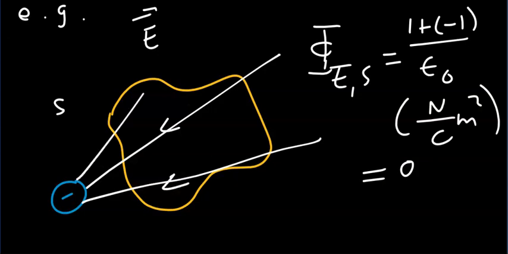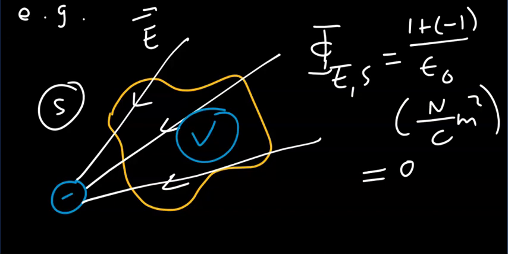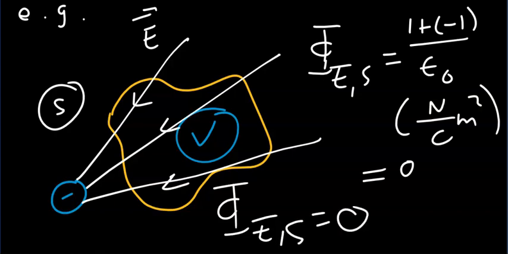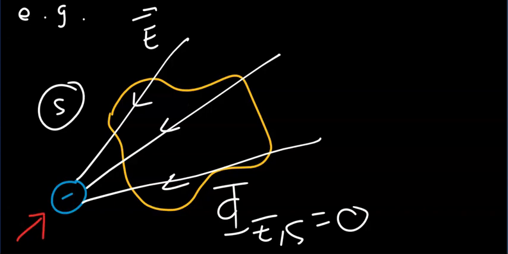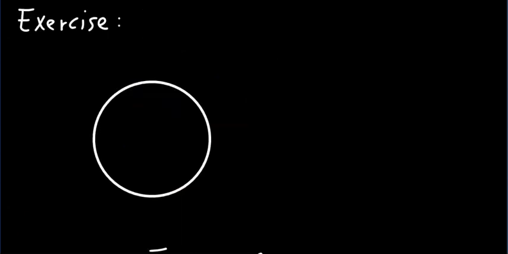Now, if we ask what is the electric flux through this surface S, immediately from Gauss's law, since there is no net charge in the region bounded by that closed surface, you can say that the net electric flux through that surface is identically 0, because this charge, although present, is outside that surface. So within the surface, there is no net charge.